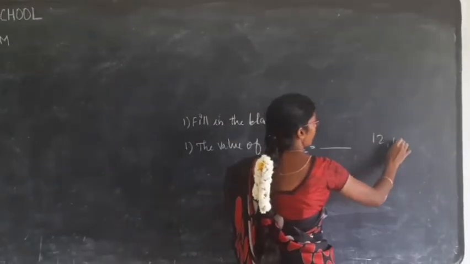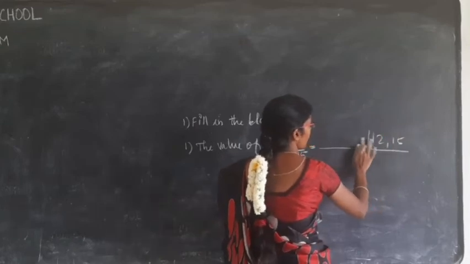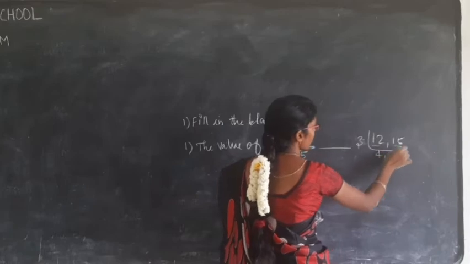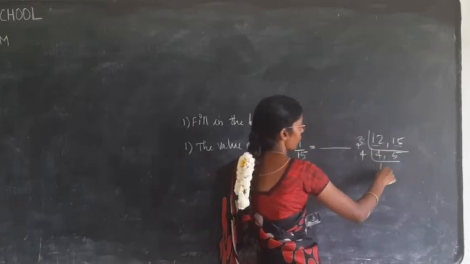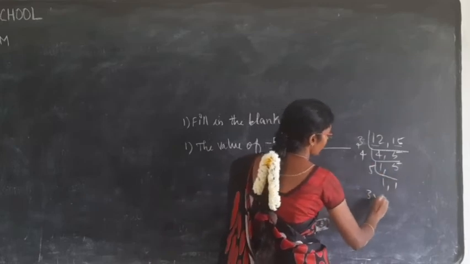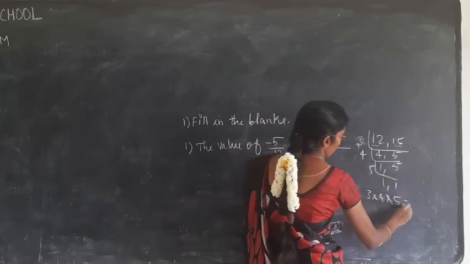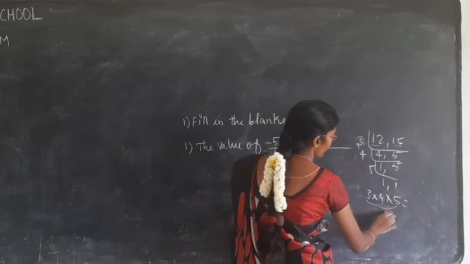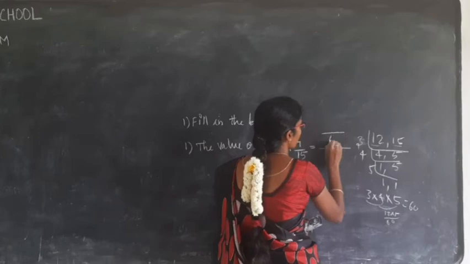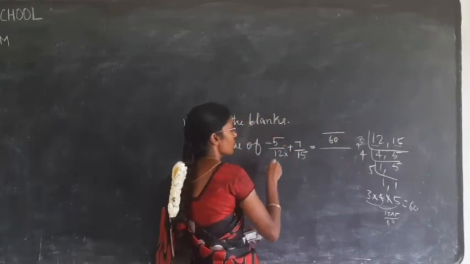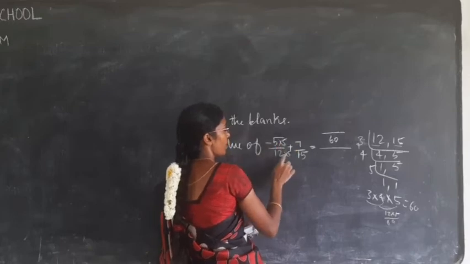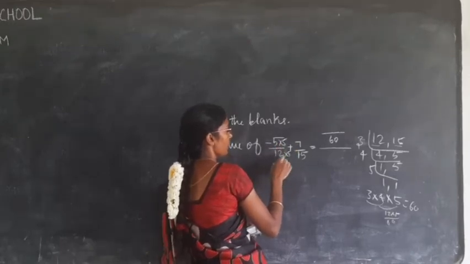So 12, 15, we can take the third table. 4 3s are 12, 5 3s are 15, and the fourth table, 1 4 is 4, 5, so 3 4s are 12, 12 into 5. How much is 12 into 5? 60. So the denominator is 60. Which number should be multiplied to get 60? 5. So here also 5 2s are 10, balance 1, 5 1s are 5, 6.